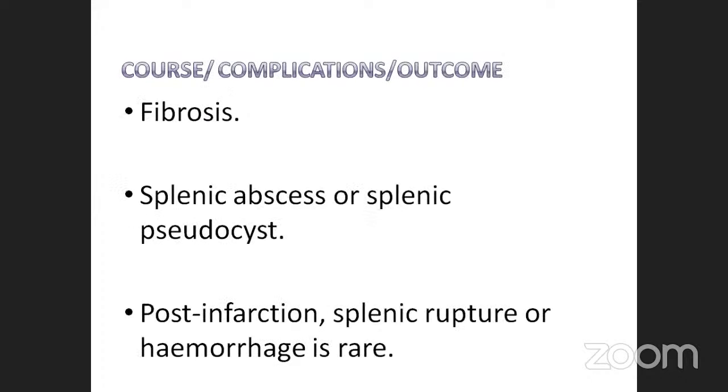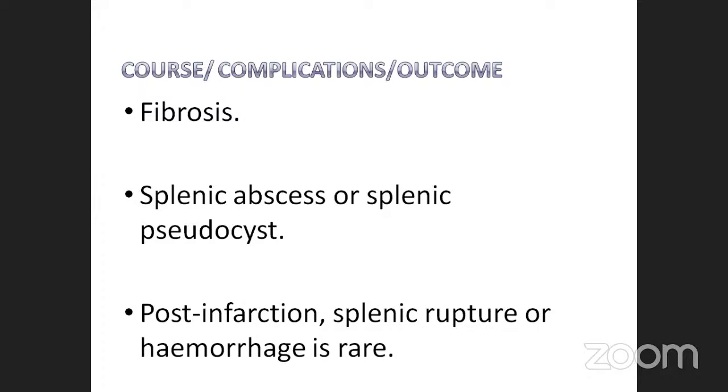Now, what are the complications or outcome of this infarct? This is injury to the organ and the cells in the organ, which again get healed by first inflammation, then regeneration or fibrosis. Regeneration is mainly by fibrosis.